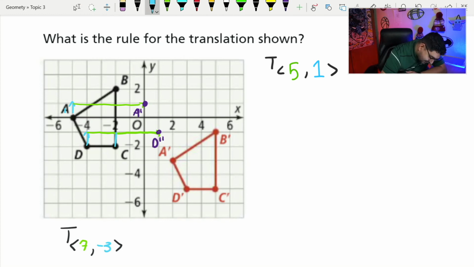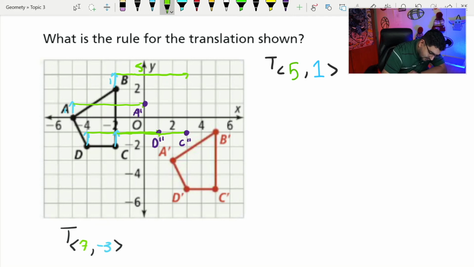I'm going to go to point C now, up 1 space, to the right 5 spaces. 1, 2, 3, 4, 5. That would be my new point C. Again, these will be double prime. And now I just need one more point, that's point B. I'm going to go up 1 and to the right 1, 2, 3, 4, 5 spaces. Okay, let me actually recolor code these so that you can also see what I did.